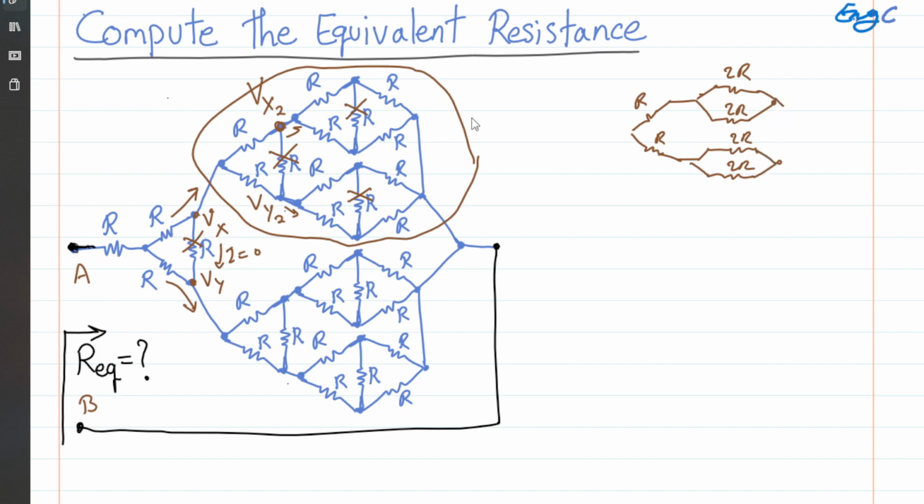Then we get to this point where we have to connect them together. The same thing you can say about the lower branch as well. Of course, 2R in parallel with 2R becomes R.